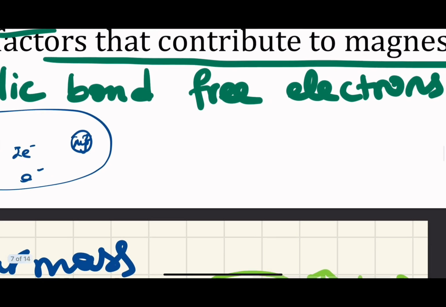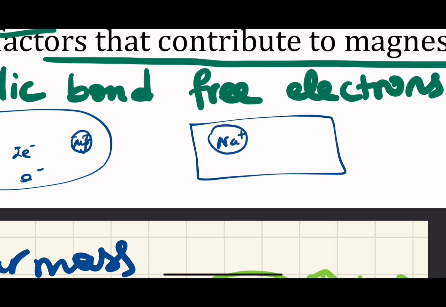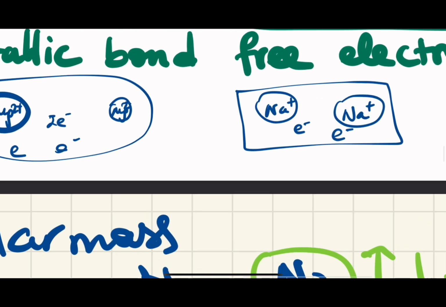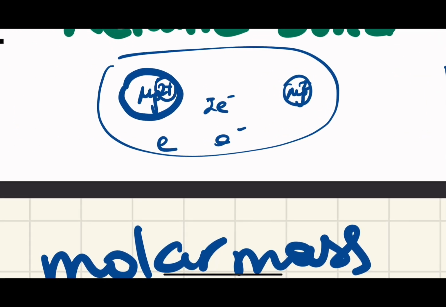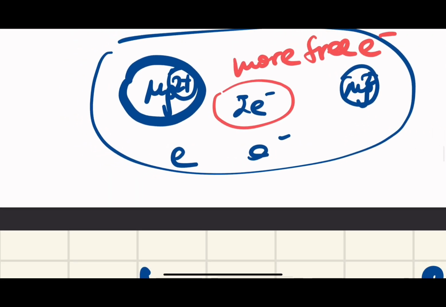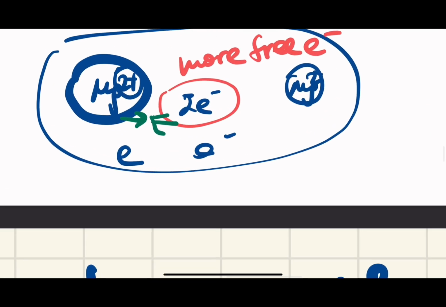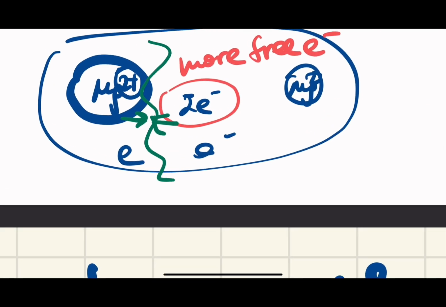In the other case, I have sodium, a positive sodium ion, and then one electron. Sodium plus ion, one electron, right? So as you see, the one that has a higher charge has more free electrons, and when you have more free electrons, if you remember from the previous question, they will attract each other more strongly. That's why it will be hard to break down this metal.